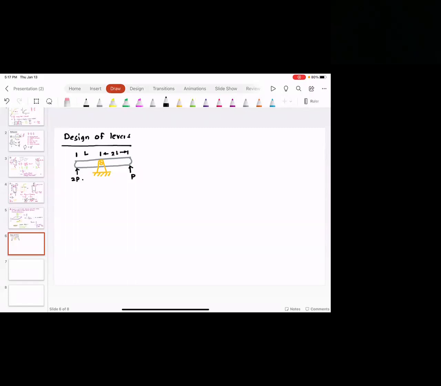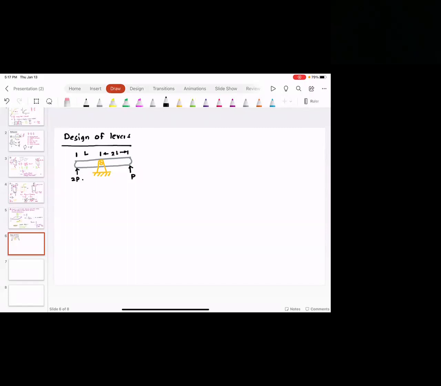Now the question is, what are the types of levers? You could have a simple lever. And by the way, a simple lever is a machine. Most likely in EGR217, you might have studied the concepts of simple machines.